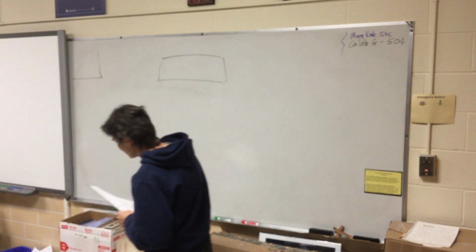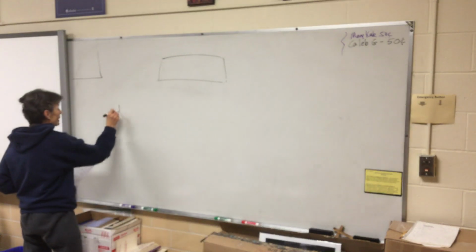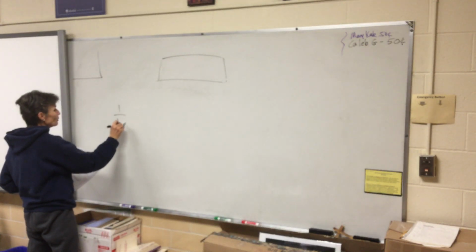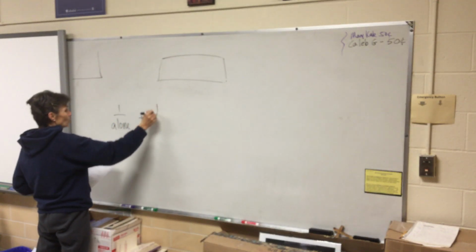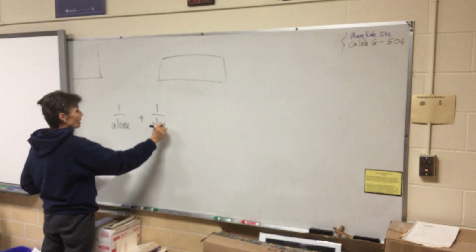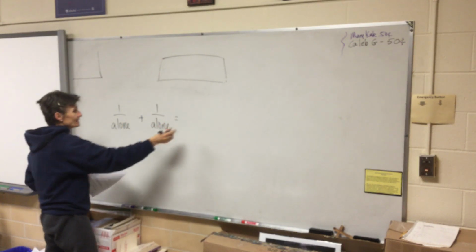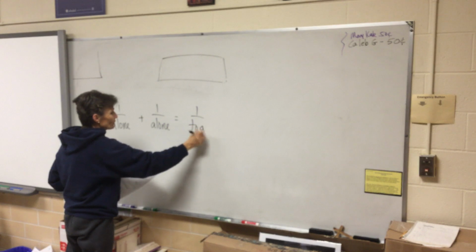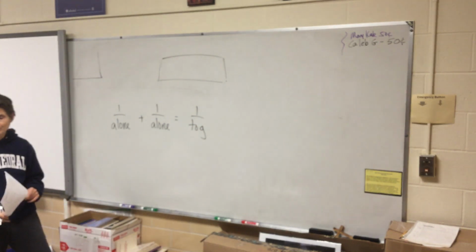Is it 1 over how long it takes them? It's 1 over the first person alone, yes, thank you. And 1 over the second person alone. And those added together give us 1 over their time together.